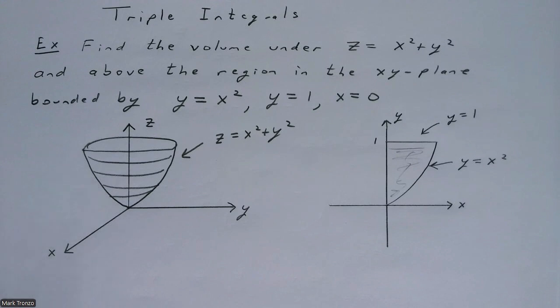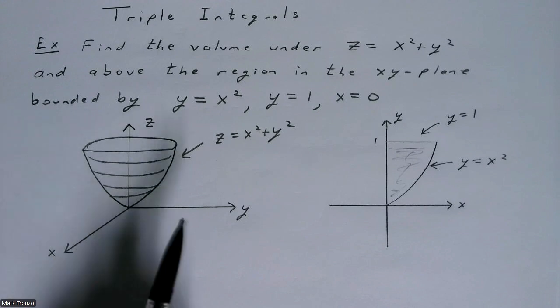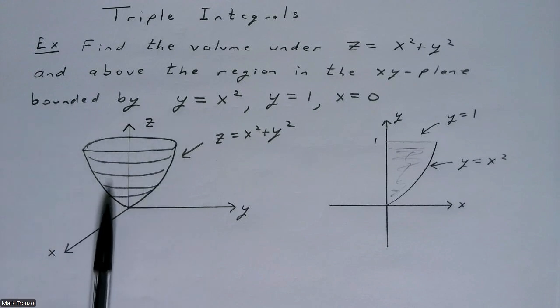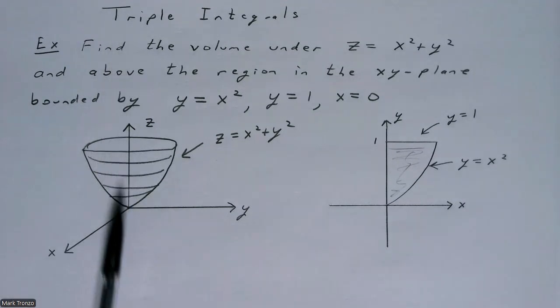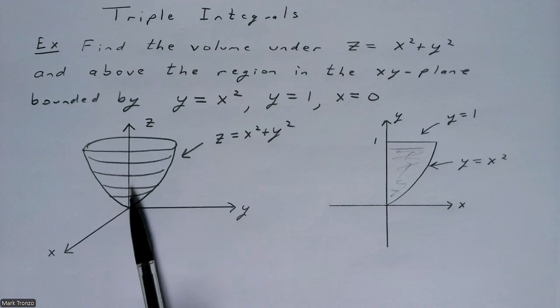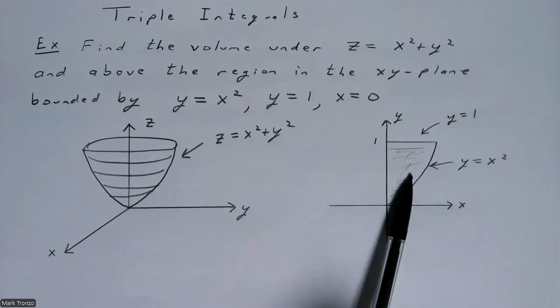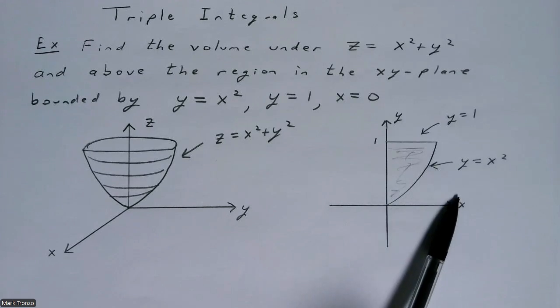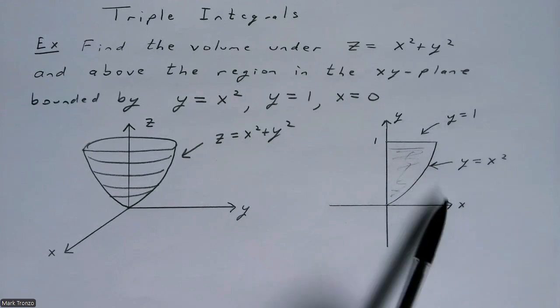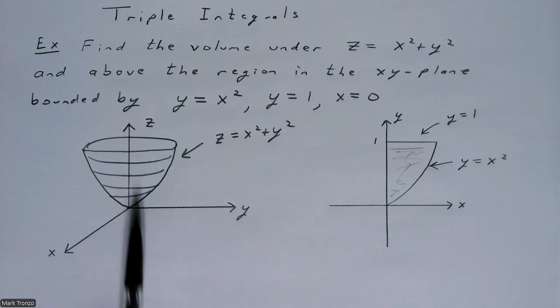So when we do triple integrals, in this case, this is opening along the z-axis. So the most natural thing to do would be to do z first, and then y, and then x. Now you could possibly do x and y, but definitely want to do z first.